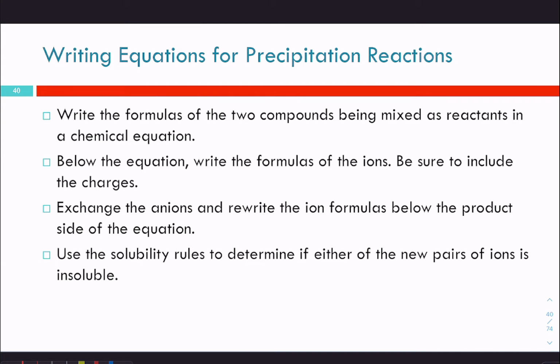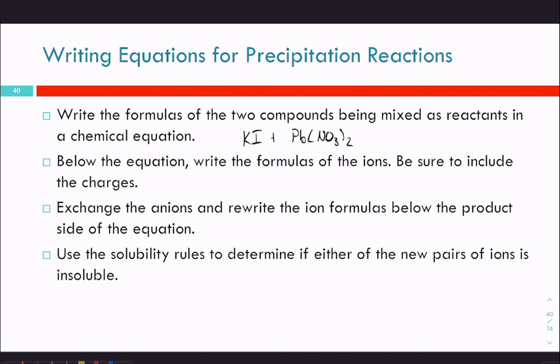So if you want a formulaic approach to these kinds of problems, you write the formulas of the two compounds being mixed as reactants in your chemical equation. So for our previous example, that was potassium iodide plus lead nitrate.